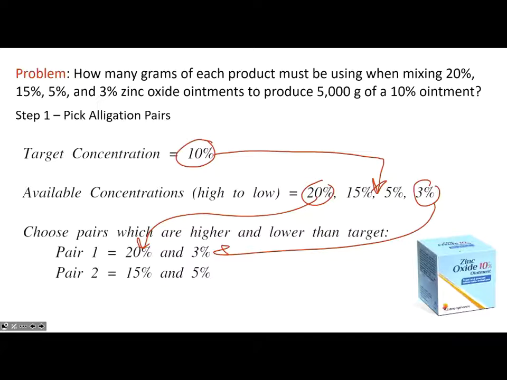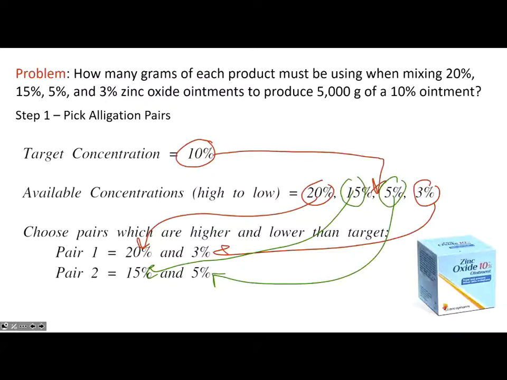What do I have left? Remember, I have to use all my ingredients, so now for my second alligation, I can use that 15 and I can use that 5. Is one strength higher and one strength lower than the target? And have I now used all 4 of my ingredients? Perfect. Could you have done 20 and 5 and 15 and 3? Absolutely.